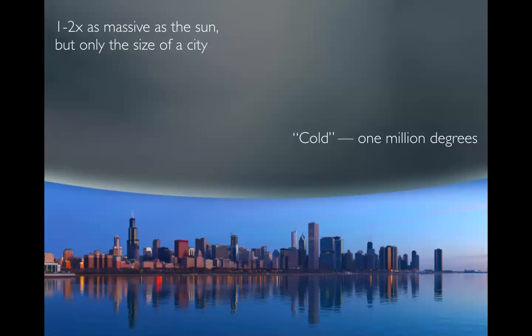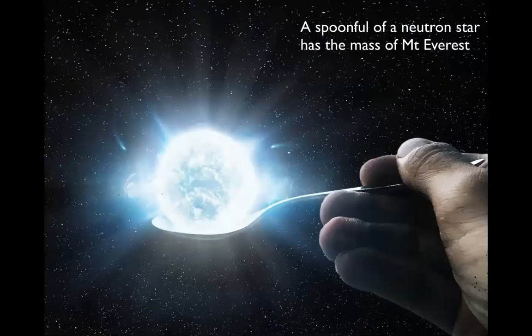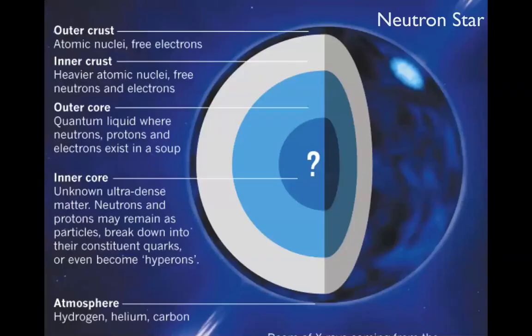So 100,000 to 1 million degrees. It's also a very extreme state. A spoonful of neutron star material would have the mass of Mount Everest, right? So that's another way to put it: you've got a star that's the size of Chicago, or you've got a spoonful of stuff that weighs as much as a big mountain, right?